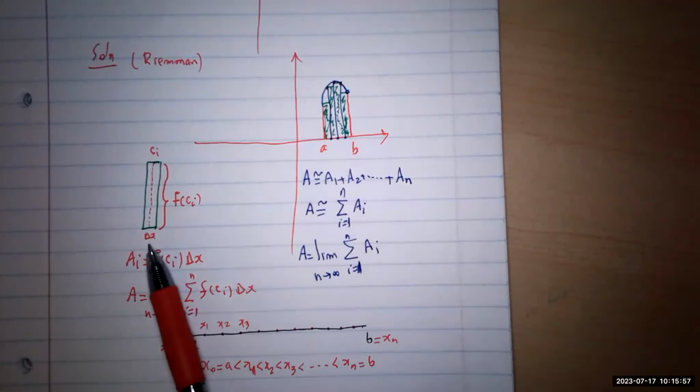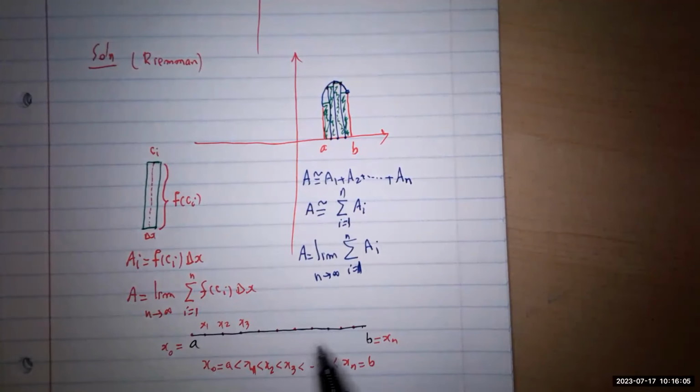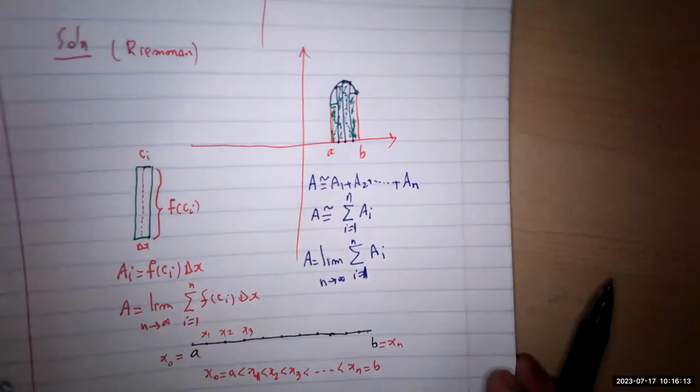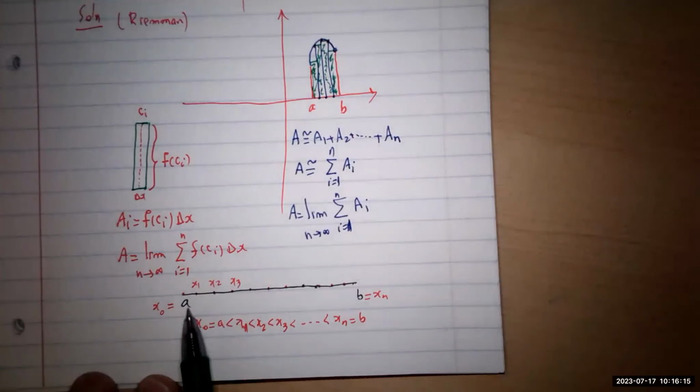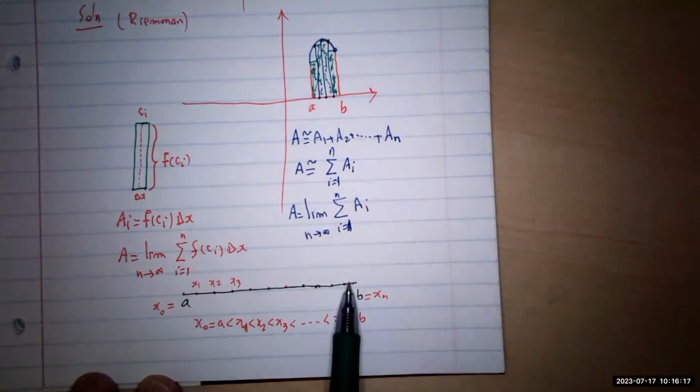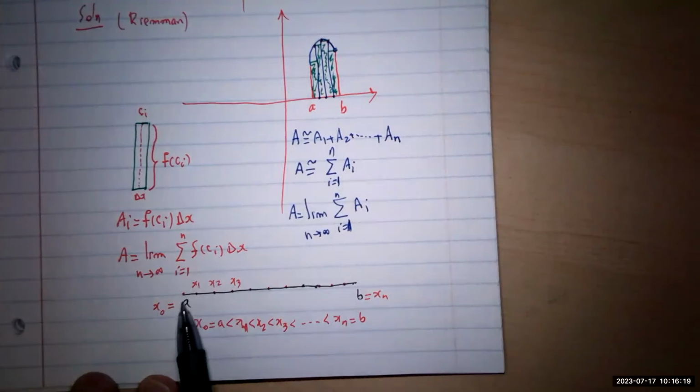So the first thing to do is find this delta x. Delta x is going to be these portions that you have over here. Each of these portions is going to be delta x. Now the way we find it: if this is 0 and this is 5, the length is going to be 5.